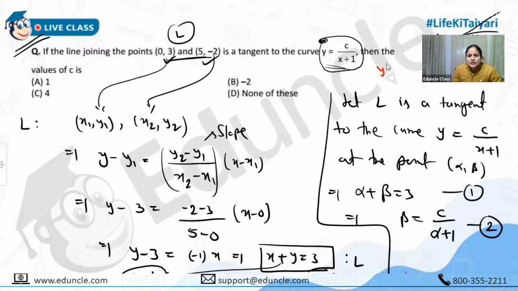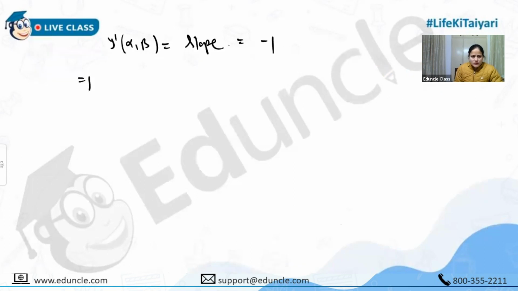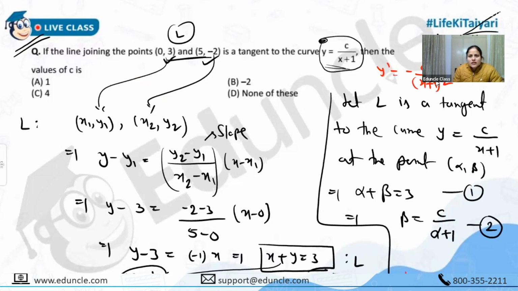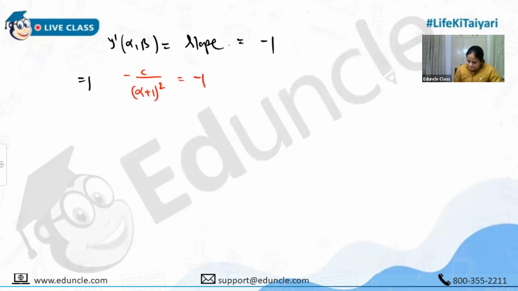If I take the derivative, so m dash is nothing but minus c divided by x plus 1 to the whole square. ठीक है, so I'll have here minus c upon alpha plus 1 to the whole square is equal to minus 1. Correct है ना भाई? Here I'll put x is equal to alpha only. The thing is c is equal to alpha plus 1 to the whole square. I am calling it 3.